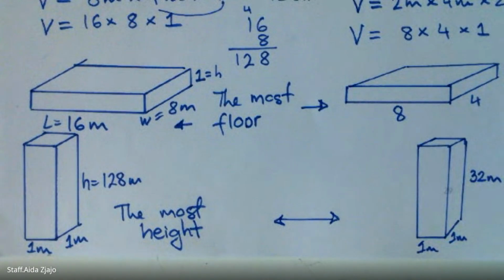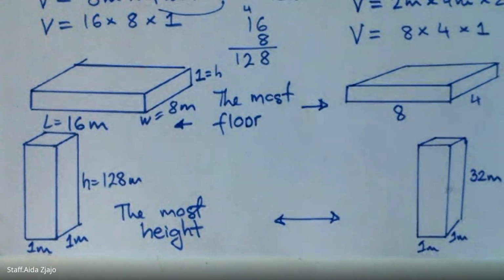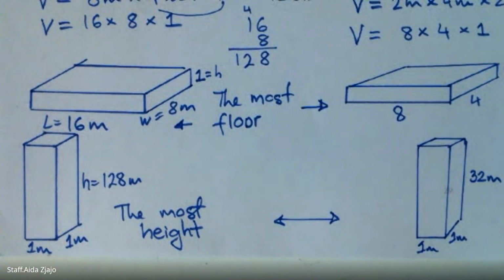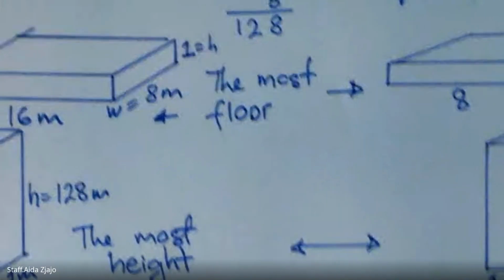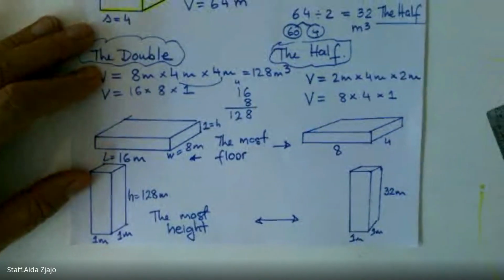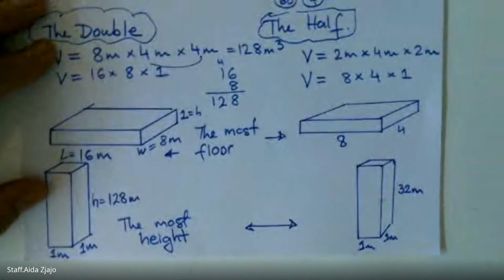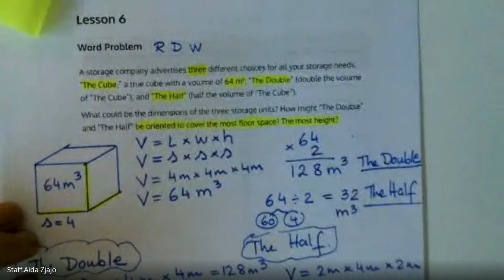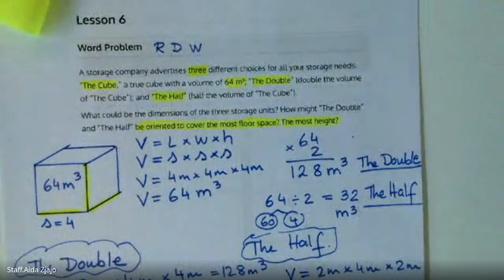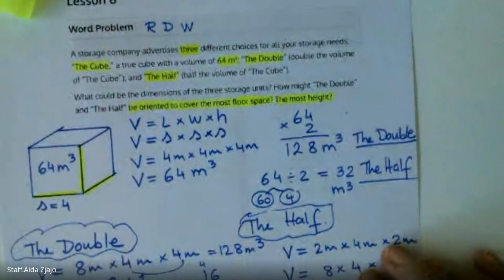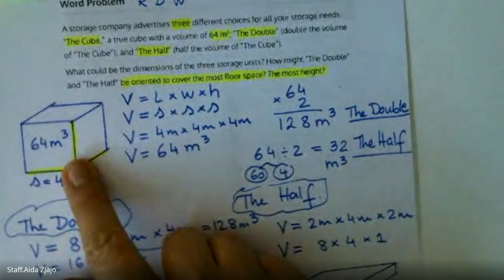I kind of rushed through it, so I hope that you understand it. Okay, let me make it smaller. Okay, hold on. So we started with lesson 6 word problem. We read and we drew a picture of the one option they gave.